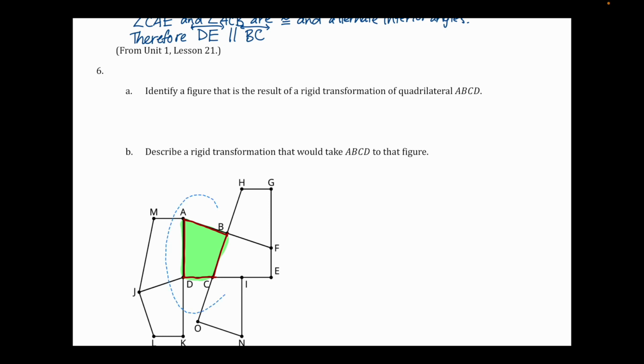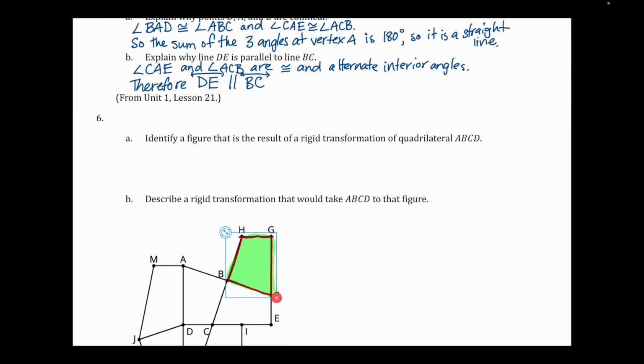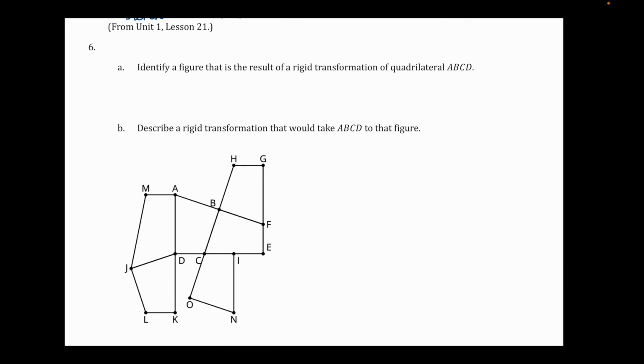So now I'll be able to actually take my shape here and rotate it. Let's rotate it 180. Does this actually line up here? Oh, it looks like it lines up here. And so a 180-degree rotation, it looks like I can do that around point B, because this point was originally point B.